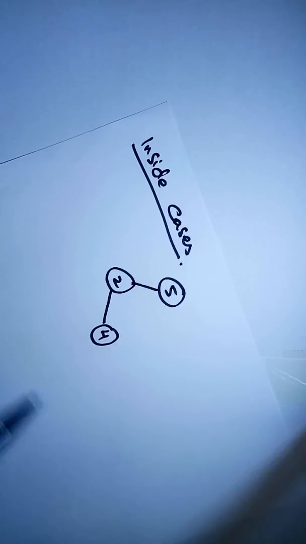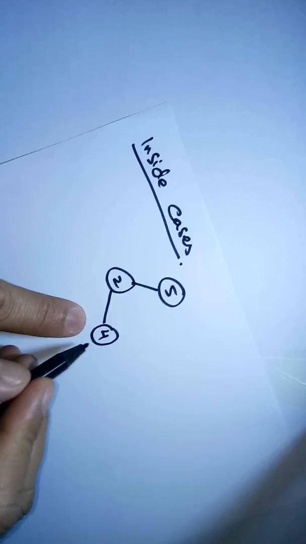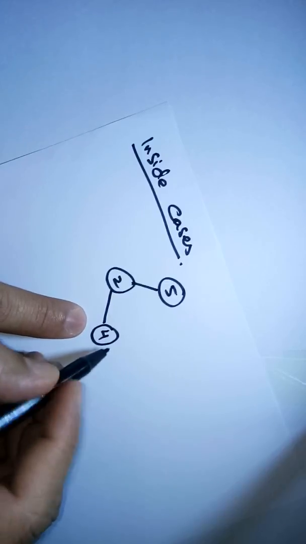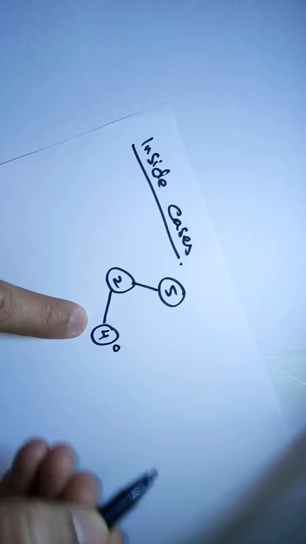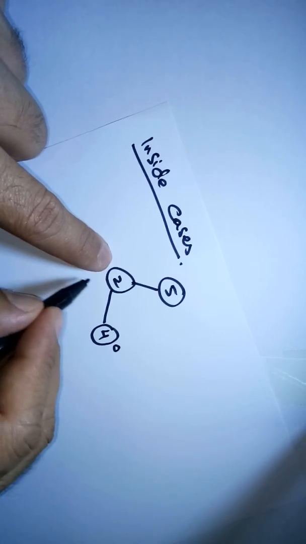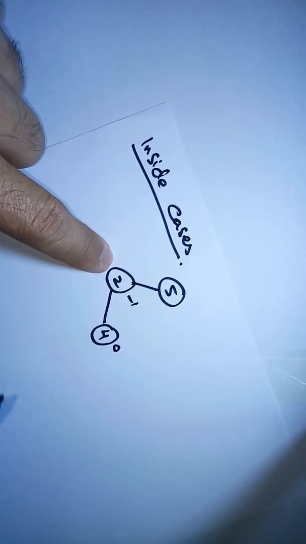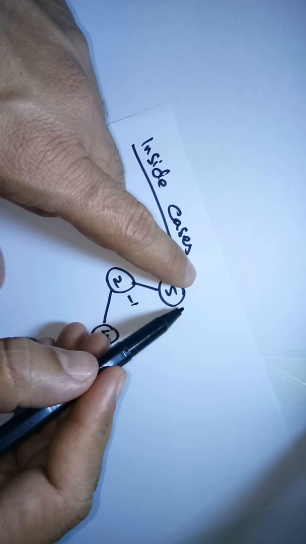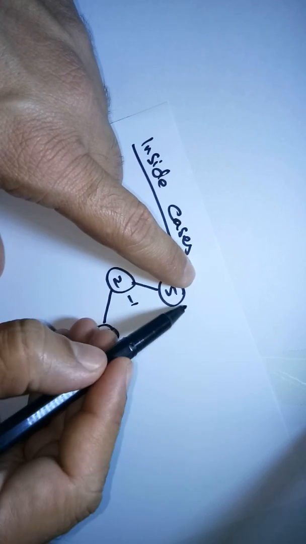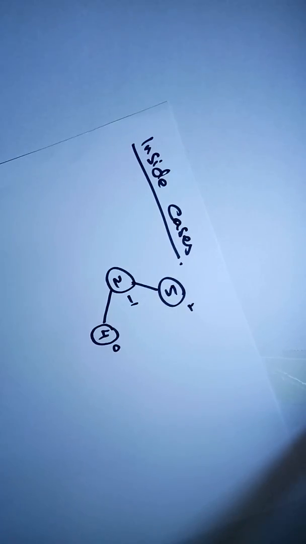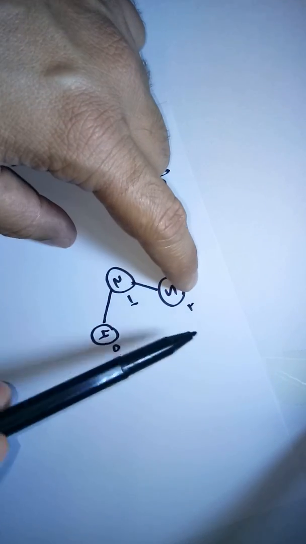Let's check the balance factor. The balance factor of this node is 0 minus 0, that is 0. The balance factor of this node is 0 minus 1, that is -1. What is the balance factor of this node? That is 2 minus 0, that is 2. That is not allowed, so the tree is imbalanced. Why does this become imbalanced?